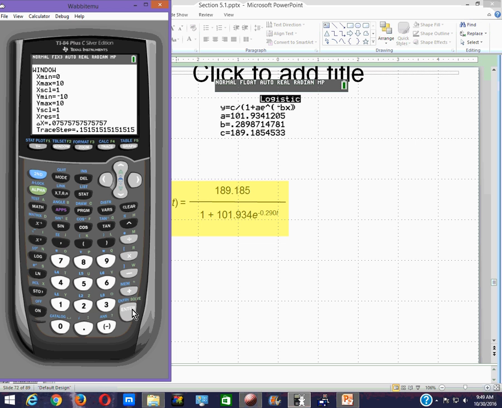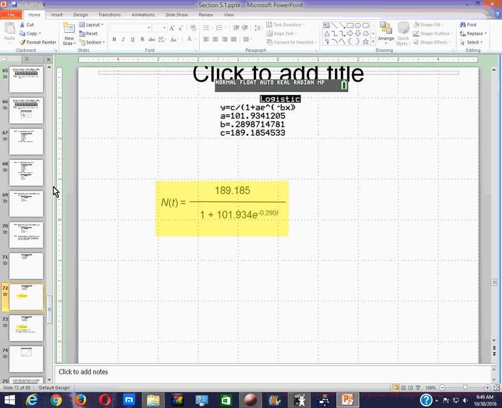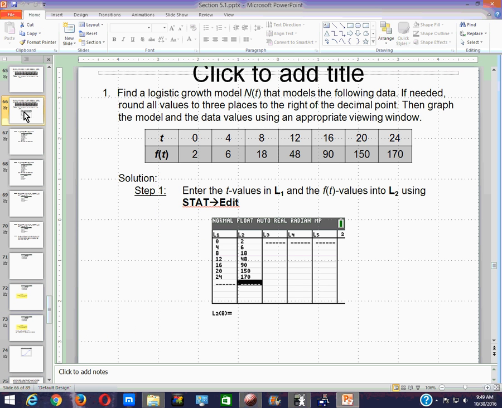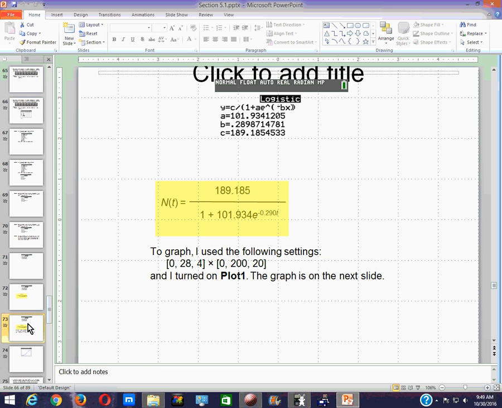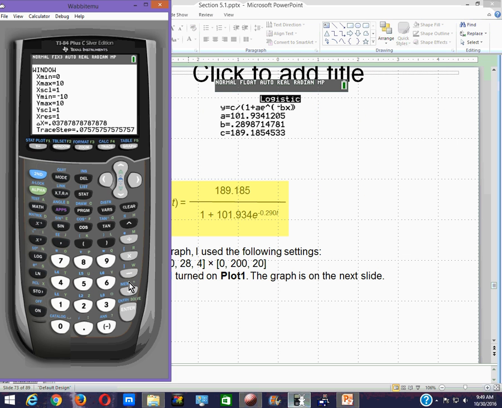Minimum 0, and the x max, I said I was going to go out to 28 in increments of 4, so the scale will be 4. Minimum of 0, and since we had a maximum of 170, let's go out to 200, and let's do it in increments of 20, why not? So, graph.